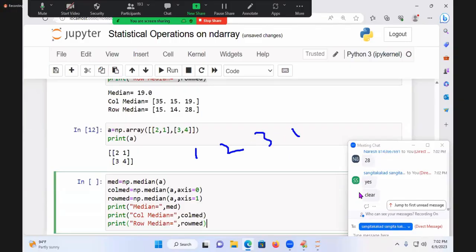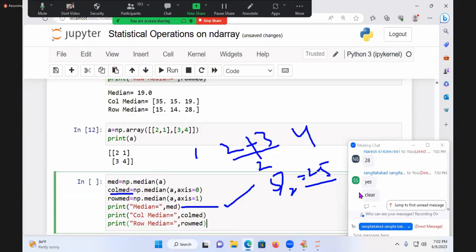The middle are 2, 3. 2 plus 3 by 2, 5 by 2, is 2.5. 2.5 is the median. Next, column median: 2 and 3 by 2. Only 2 elements, center element is 2 plus 3 by 2. 1, 4.